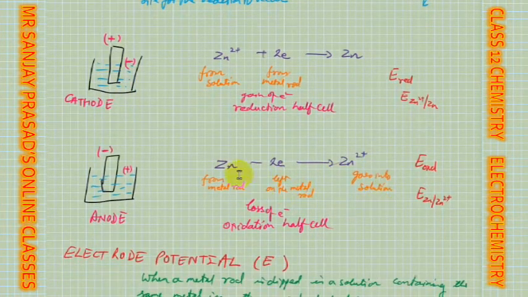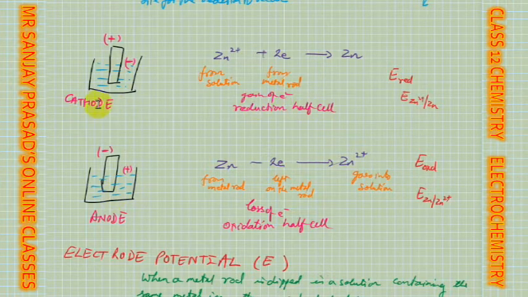Same way here, the metal rod has a neutral zinc. That neutral zinc leaves its electrons on the metal rod only and goes into the solution. So in that case, what is happening? It is oxidation, isn't it? The metal rod becomes negative because 2 extra electrons are there, and this positive ion goes in the solution, means it becomes positive. So oxidation and reduction, they are producing different charges here.